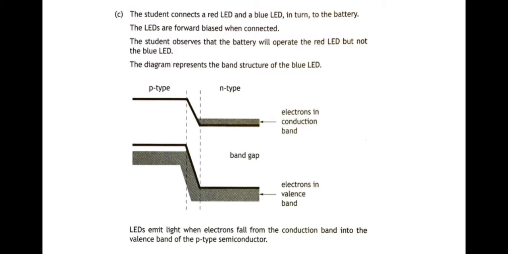That means that the band gap for a blue LED is larger than for a red LED and therefore requires more energy to push electrons through from the conduction band in the N-type material and into the depletion layer and drop down into the valence band of the P-type material.